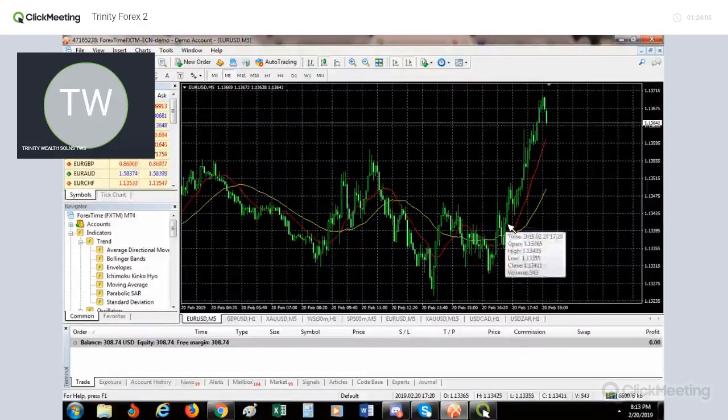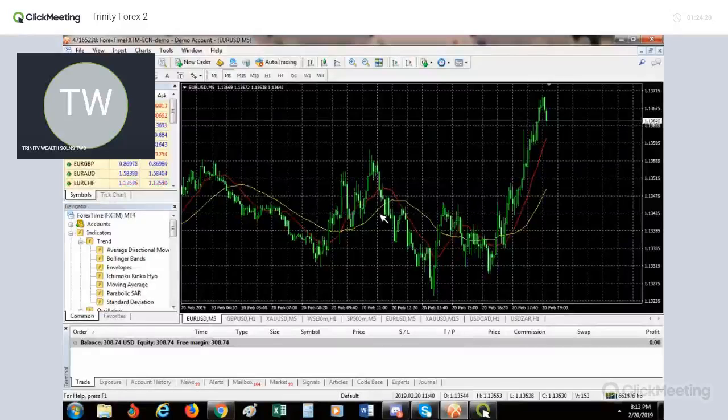How many points? From the crossing, 1342 up to 1367, that's around 25 points within a very short time, because this is a 5-minute chart. So you can still use this indicator if you're comfortable, but have other confirmation mechanisms to be able to filter and take only good trades.